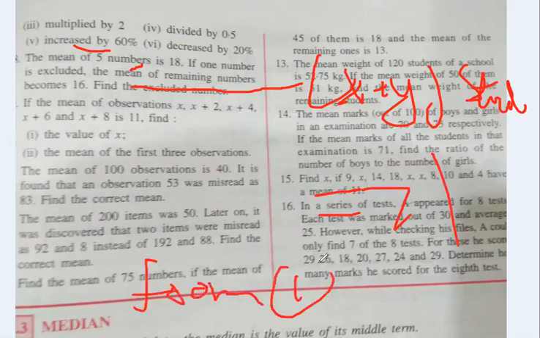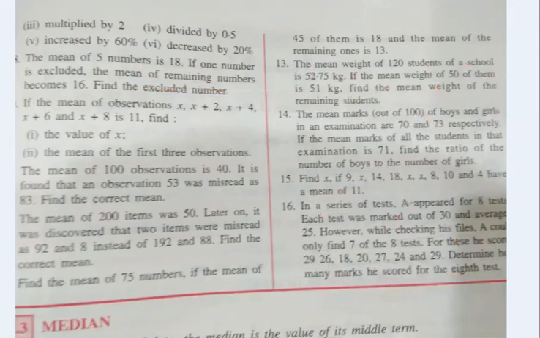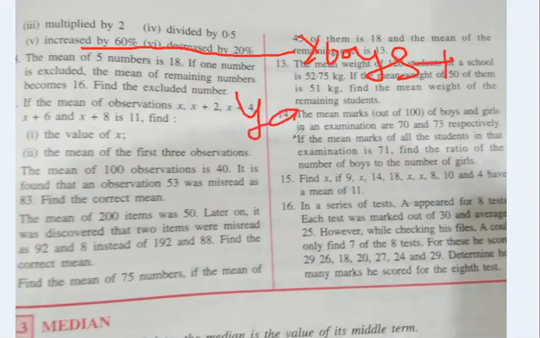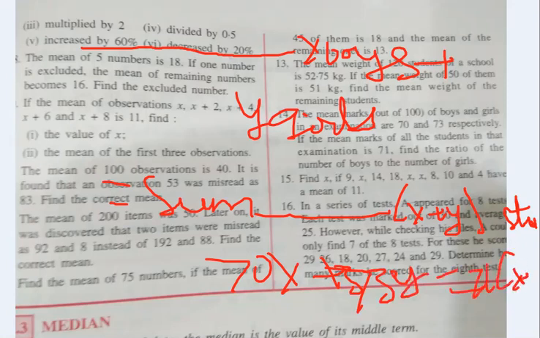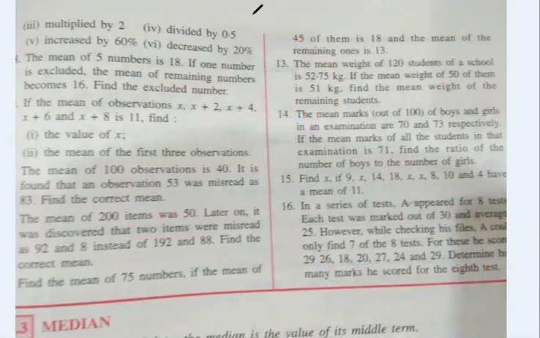From first and second equation, sum of the marks of X boys plus Y girls is equal to sum of the marks of X plus Y students. 70X plus 73Y is equal to 71 into X plus Y. X is equal to 2Y.